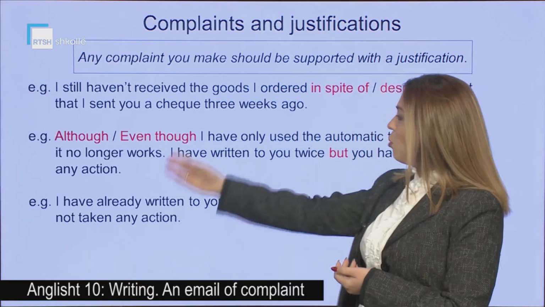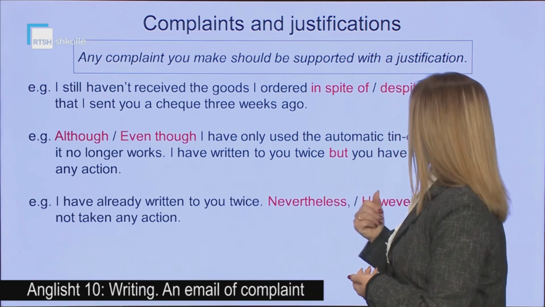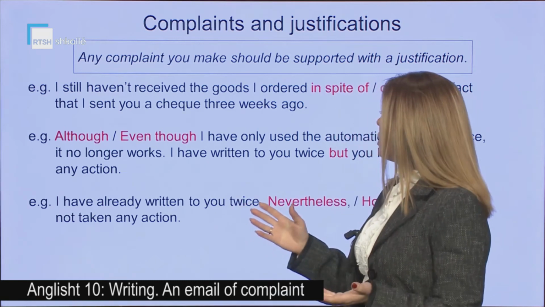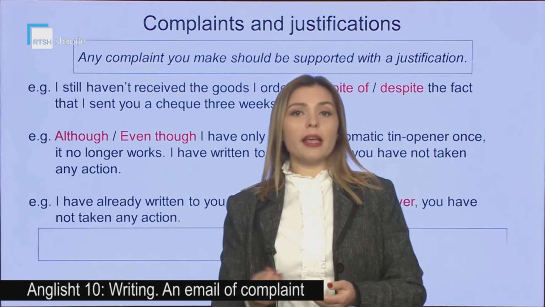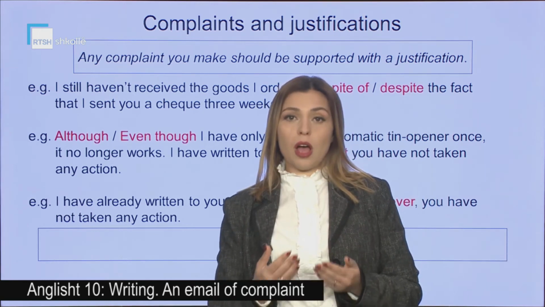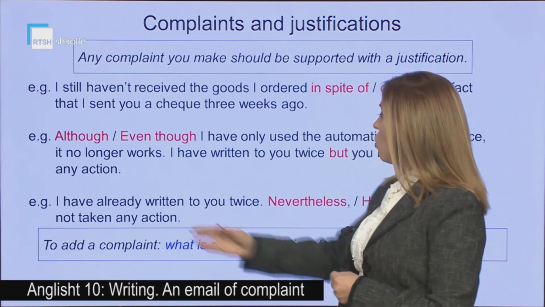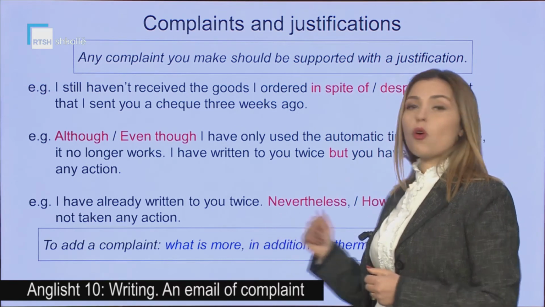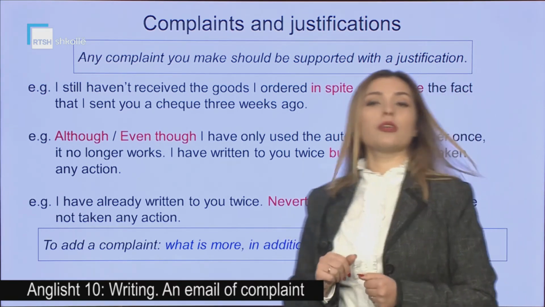Or, although or even though I have only used the automatic tin opener once, it no longer works. I have written to you twice, but you have not taken any action. So, I'm giving my complaint and I justify it. Or, I have already written to you twice, nevertheless, or however, you have not taken any action.